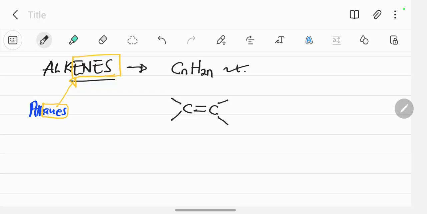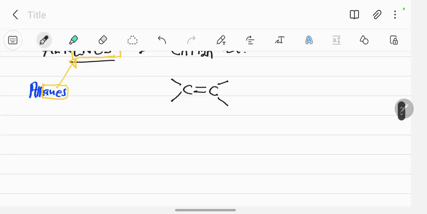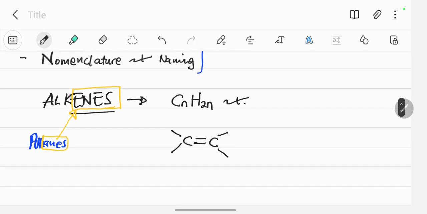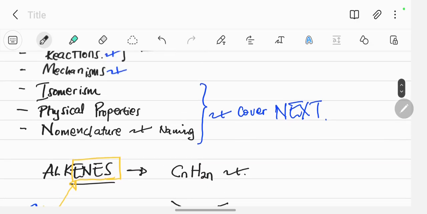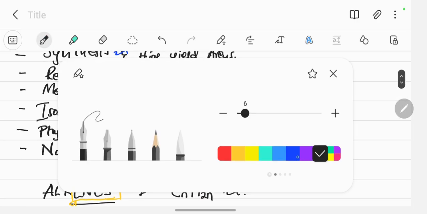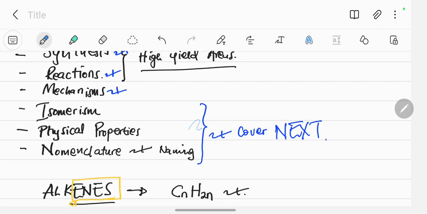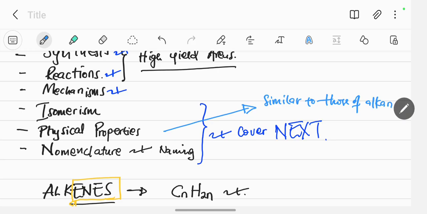I said isomerisms, we shall cover them later. Physical properties, by the way, you can even read them. Physical properties are a bit similar to those of alkanes.